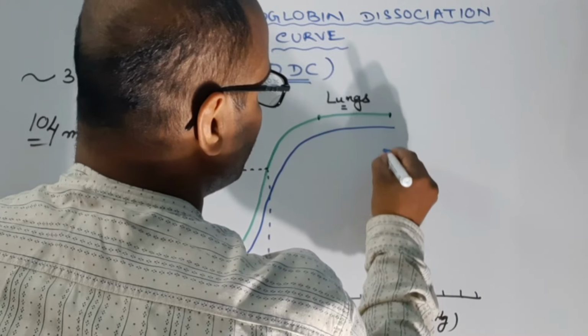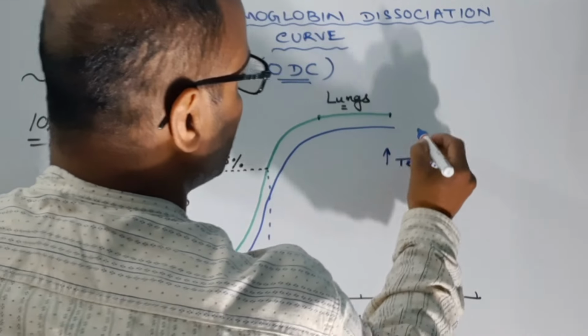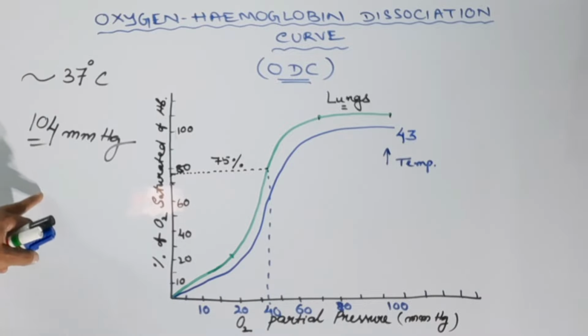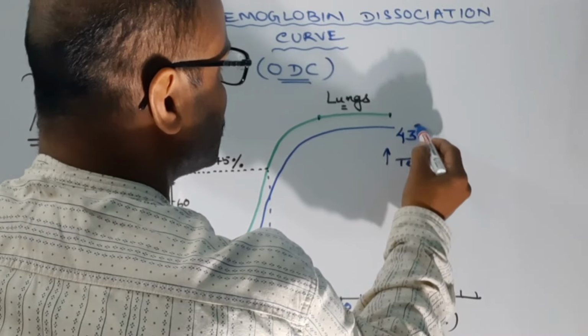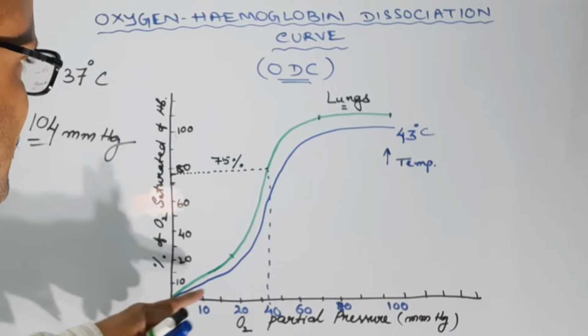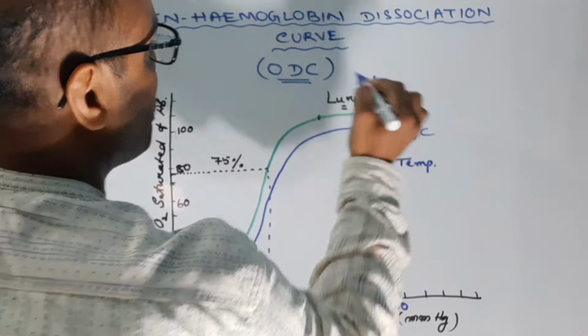In case of high temperature, for example if you do more exercise, your body temperature goes up, suppose to 43 degrees centigrade, then this curve shifts to the right.